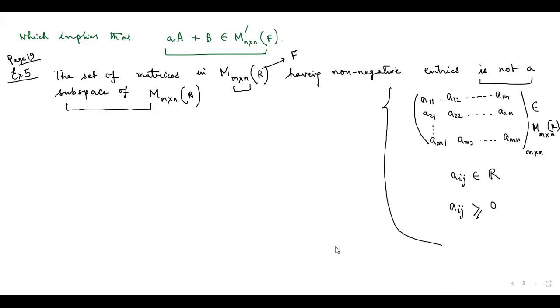That particular set will not be a subspace, because in the definition it is written that W must be closed with respect to scalar multiplication. According to this statement of the definition, it means that if I multiply this matrix by any scalar A, then the outcome is also a matrix, but its entries have to be non-negative also.